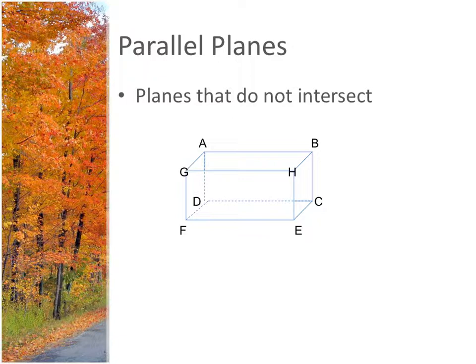Parallel planes are planes that don't intersect, okay? So this is the top and the bottom of a box, the front and the back of a box, the left and right sides of a box. Planes that do not intersect. So if I said plane AGFD, which is this left side here, what plane is parallel to that?